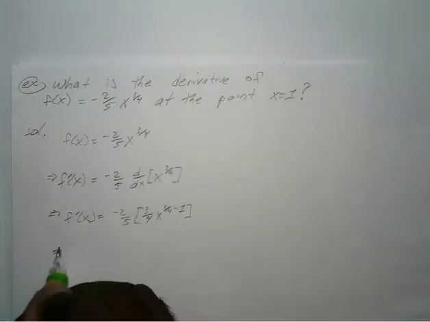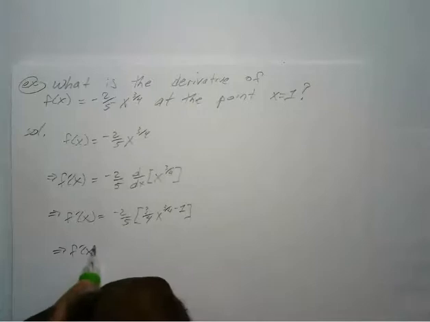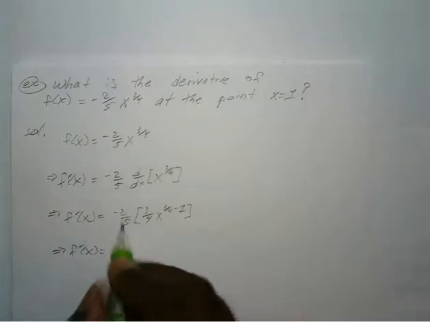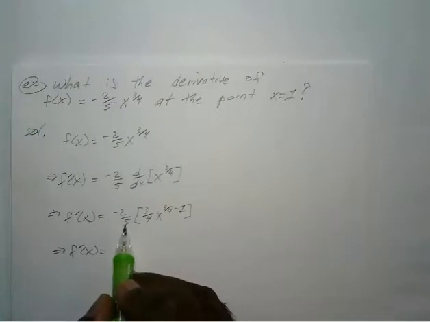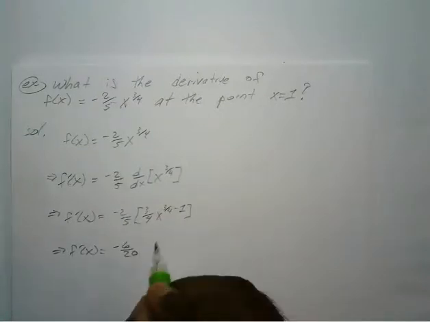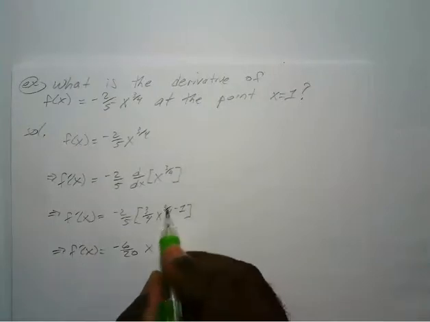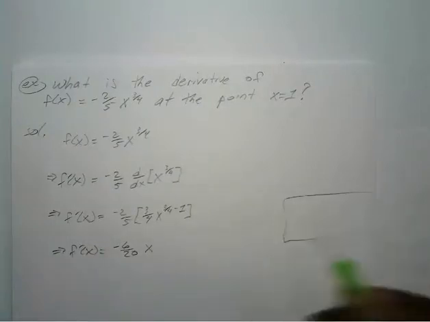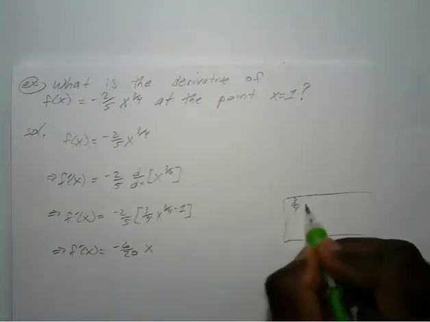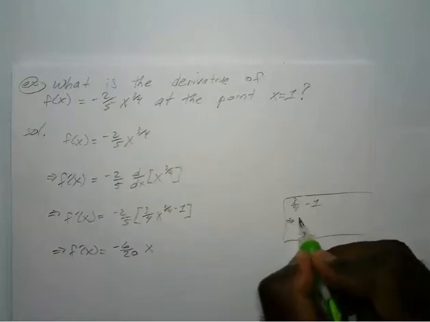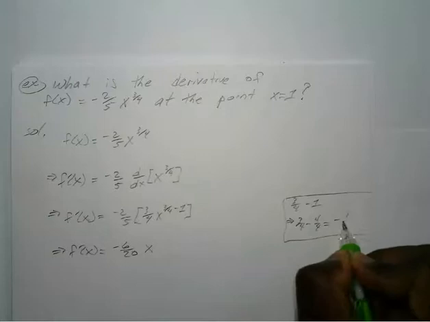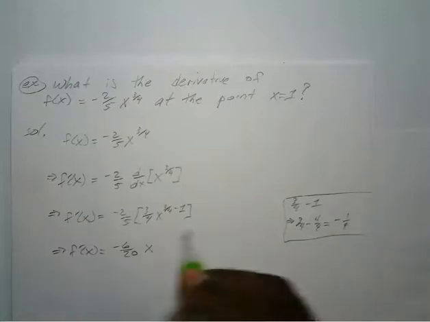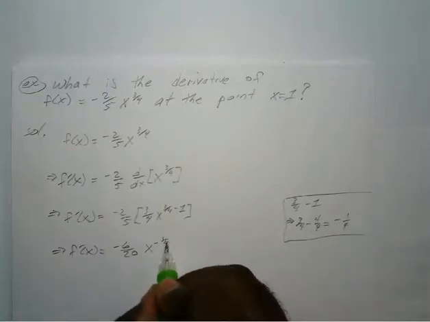So we end up with f prime of x equal to negative 2 times 3, which is negative 6, so here we have negative 6 over 20, x to the 3 over 4 minus 1. That's 3 over 4 minus 4 over 4, which is negative 1 over 4. So you have negative 1/4.